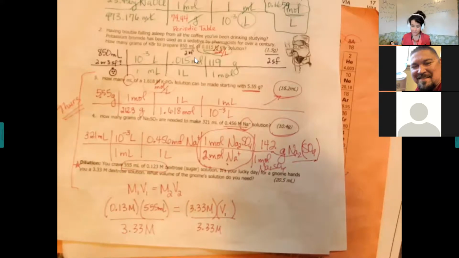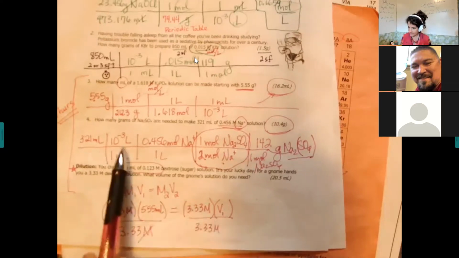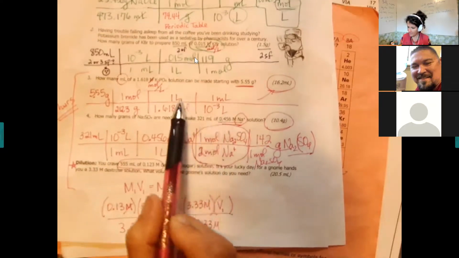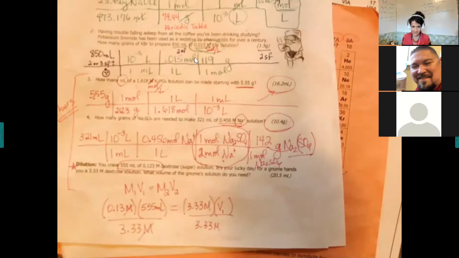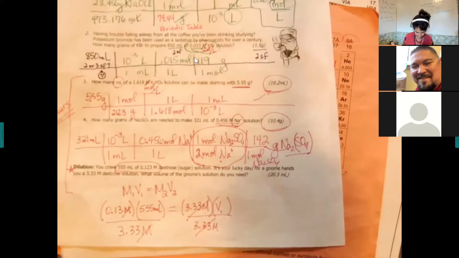Now the biggest question, or the question I have for you, has to be somebody other than Damon or Christian answering, is why on these up here I always had a liter involved, but here I just left it as milliliters. Why am I not worrying about changing my milliliters on this one, even though I'm working with molarity? This is actually a really important take-home question.